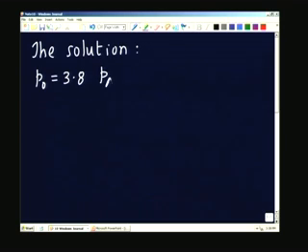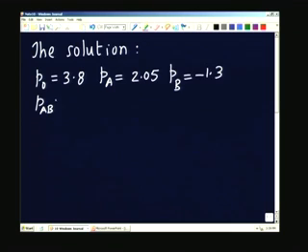So, P A works out to be 2.05. The student can verify these values by doing what I indicated. P B is minus 1.3, and P A B, the interaction parameter, is given by minus 1.05.